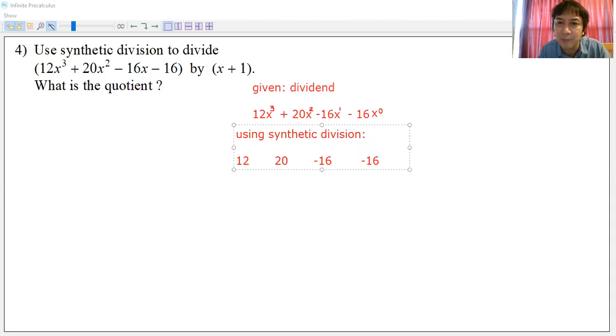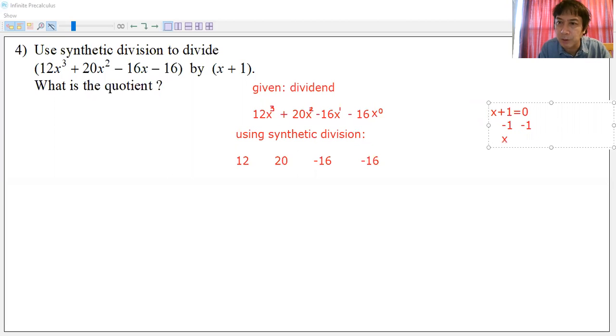Now we're going to make use of the trial divisor, which will come from the divisor x plus 1. The way to do that is to equate it to 0 and solve for x. This will be minus 1 and minus 1.